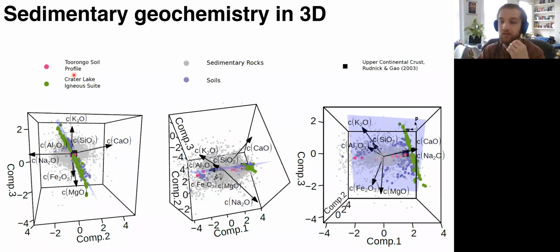Here we've taken a suite of igneous rocks, which go from basalt to rhyolite. As a result, this trend, we think, represents the compositional evolution from mafic to felsic. And the black square, we're going to use as a reference point, and this is the average composition of the upper continental crust as determined by surface averaging.